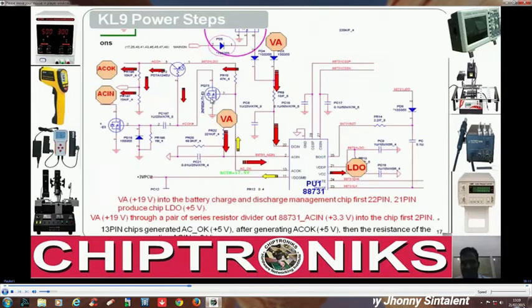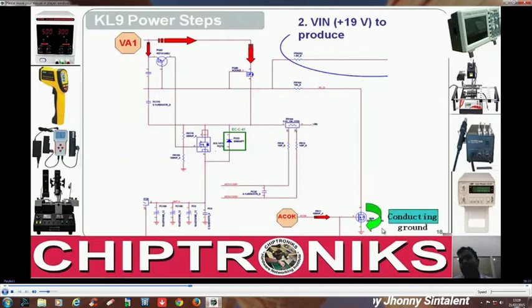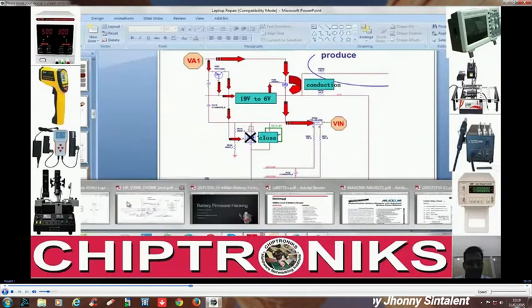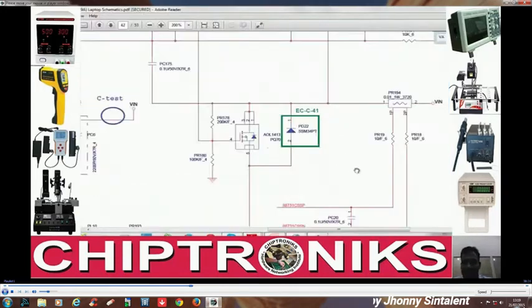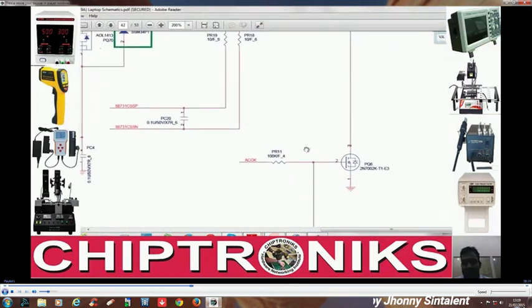This AC OK is generated over here. This AC OK will go to this section and it will turn this MOSFET on, because this is an N channel MOSFET. Please go to the schematic diagram, and in the schematic diagram you can notice this AC OK is coming over here.